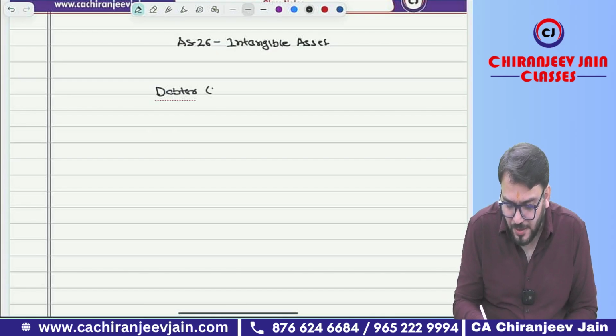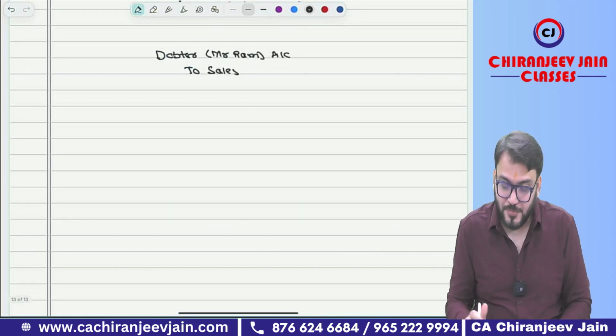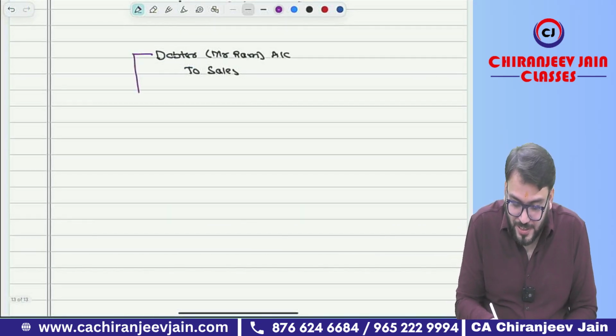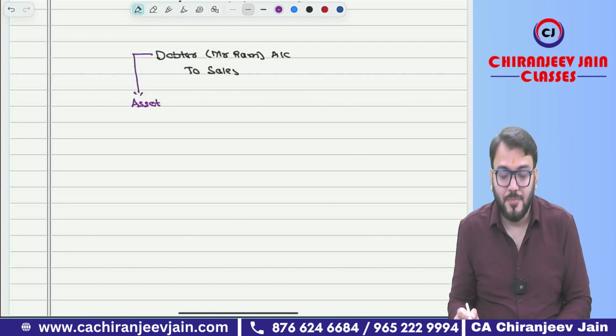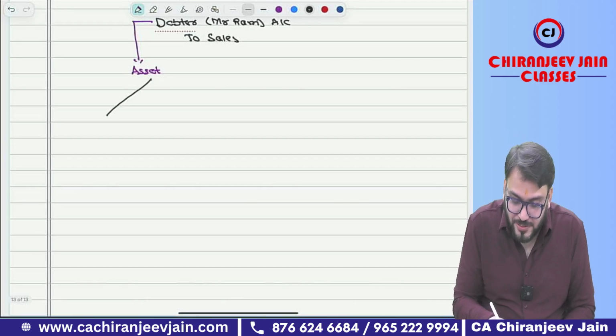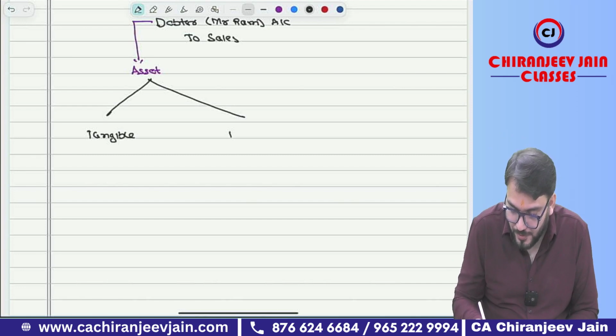Debtor, for example, Mr. Ram, account debit to sales. I am not asking the journal entry. And you all know that this debtor is an asset. Now my question to you: is this debtor a tangible asset or intangible asset?